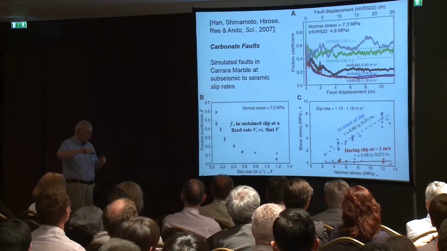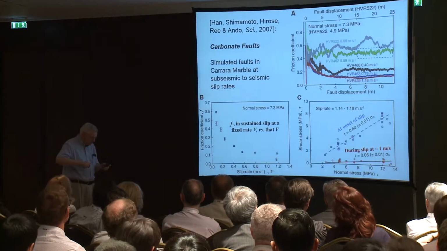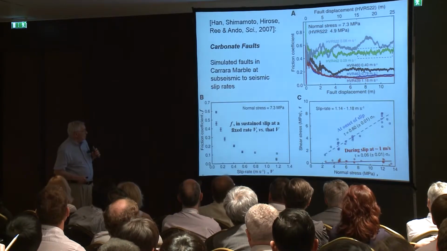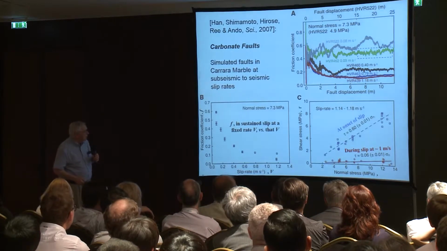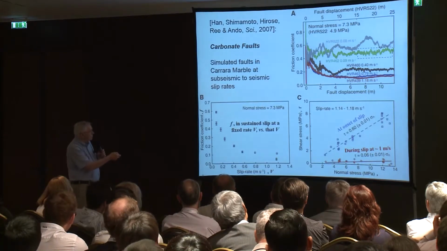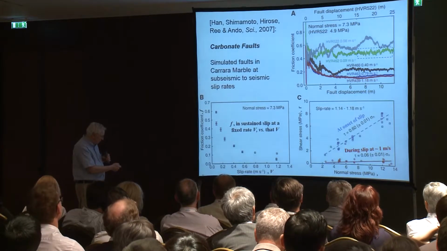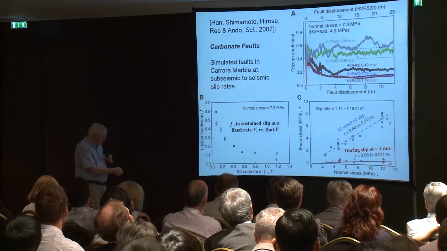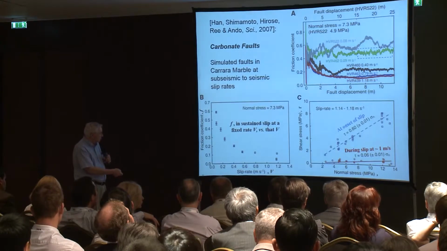You take such an apparatus and you force one part to shear relative to another, and you measure the friction. So this shows a variety of different runs, but here the data is reported as friction coefficient versus slip rate, and the slip rates get up to more than a meter a second, so they are in the range of actual earthquake slips.